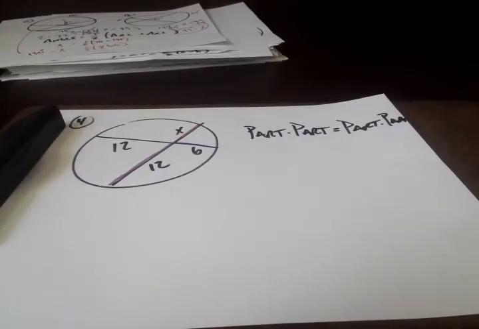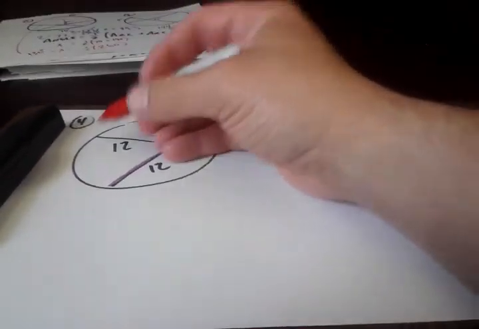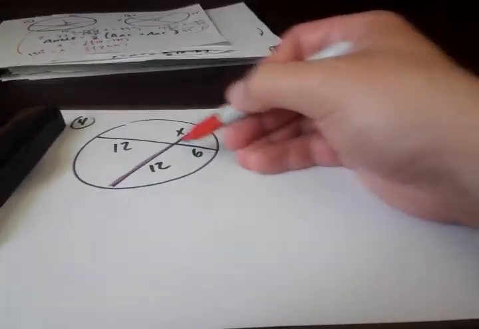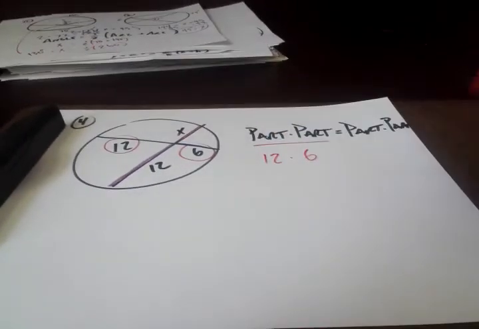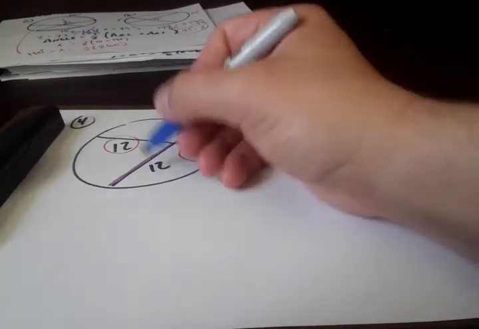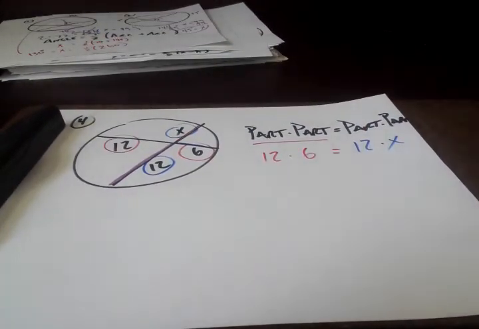And I'll show you what I mean by that. Okay, so if we take the two parts that are on a line, right, these two parts, so it's like these two. Okay, you can't pick parts that are on different lines. We have to use the ones that are on the same line. So we want to say 12 times 6. So 12 times 6. And then the other two parts, which are on the other line, are 12 and x. So over here we have 12 times x.